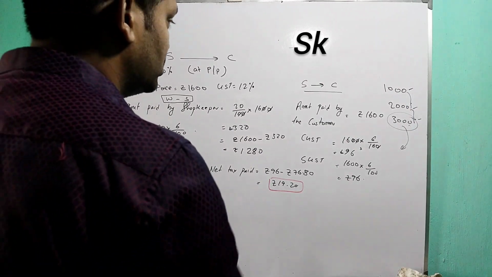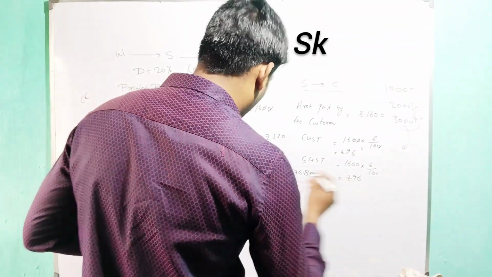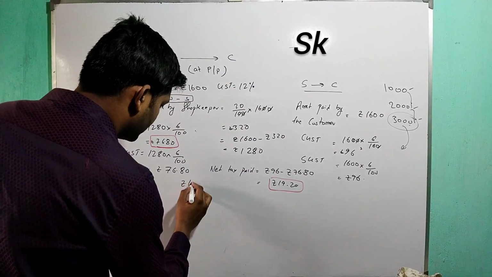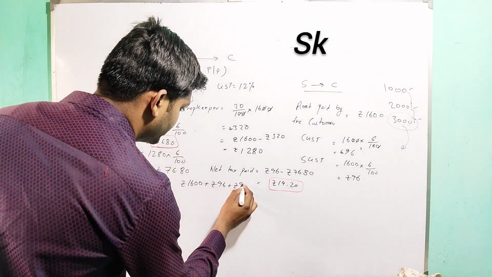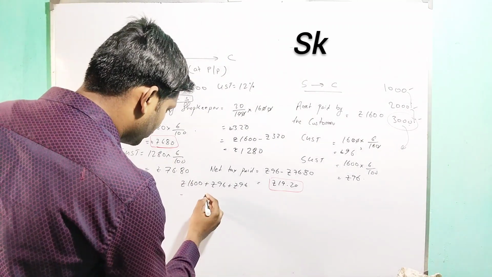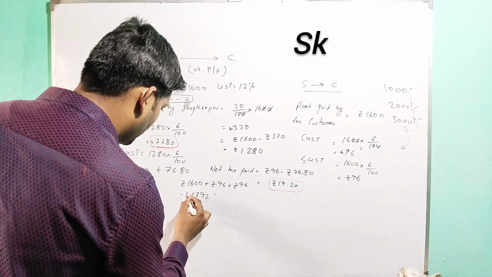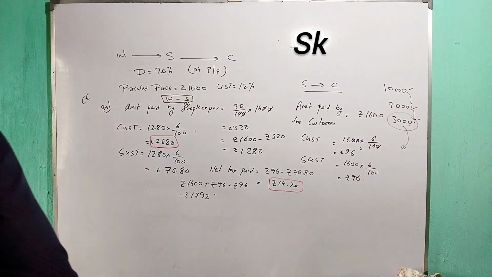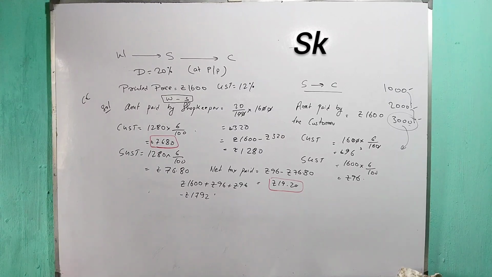First the cost of the goods is 1600 plus these two values: rupees 1600 plus rupees 96 plus rupees 96 tax he has to pay. So how much will it be? 1792 is the final price which the consumer has paid to get the goods in his home. Clear? Understood? Okay.